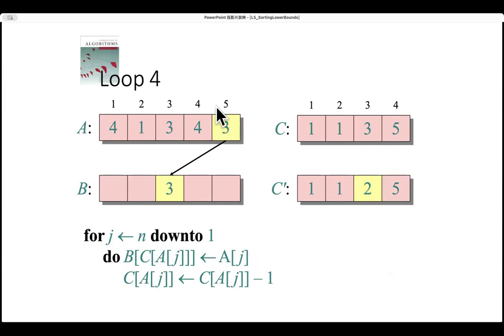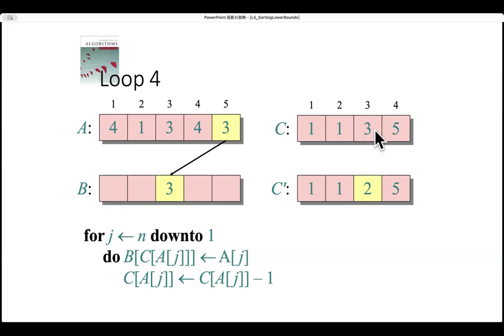So we first look at the 3. A[j] is a 3, right? So for A[j], you look at C, C[3]. It's here, right? It's 3.